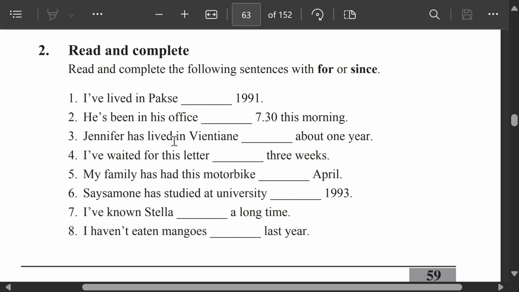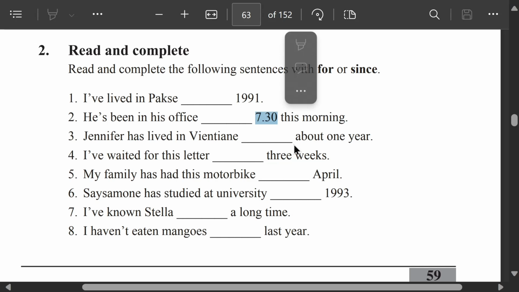Why is it not for? If the sentence stopped at a period like 7 hours, it could be for, like he stayed there for 7 hours.